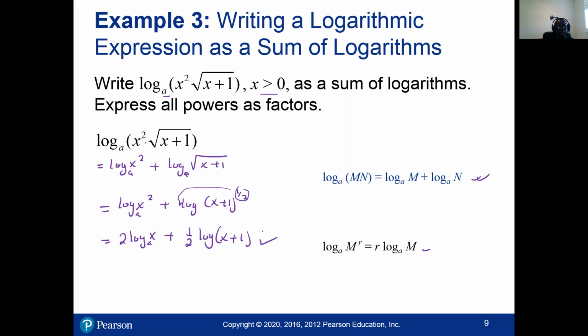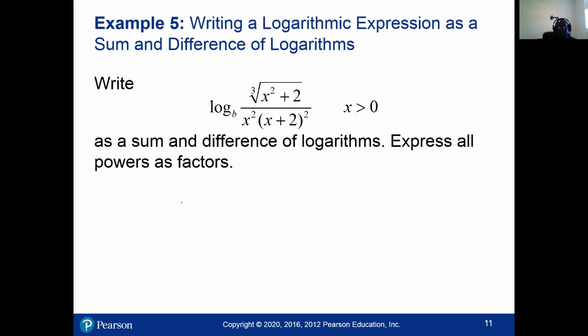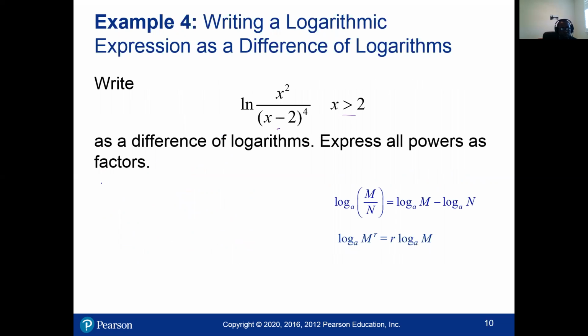All right. Now, as a quotient, say x is greater than 2 because the denominator cannot be 2. If you want to write this, first we take the natural log of x squared divided by x minus 2 raised to 4, where x is greater than 2. Now, because the log is dividing, we can write it as a difference.